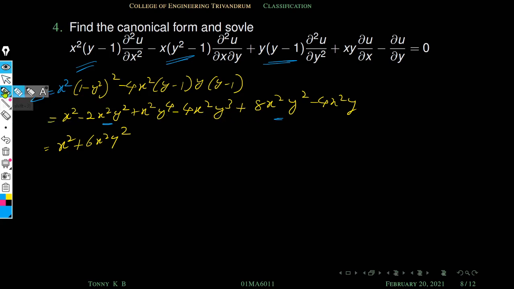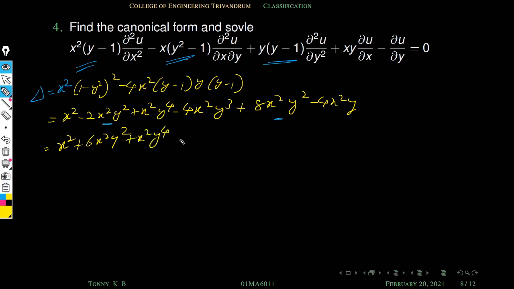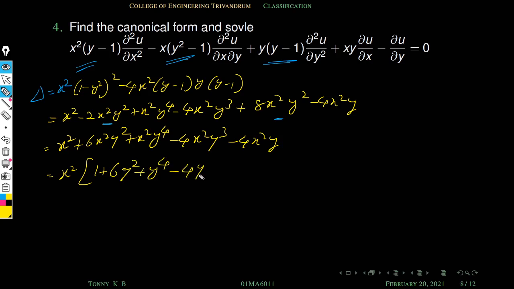Everything is different, all other terms are different. So we can write this as plus x square y raised to 4 minus 4x square y cube minus 4x square y. Okay, now x square is common, you can take it outside. So this becomes x square into 1 plus 6y square plus y raised to 4 minus 4y cube minus y.